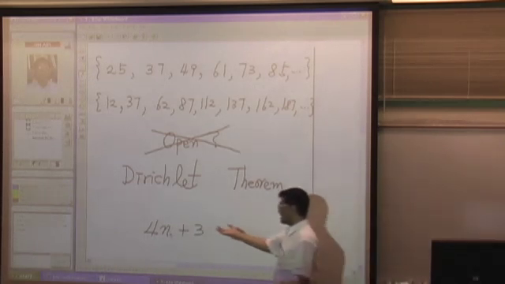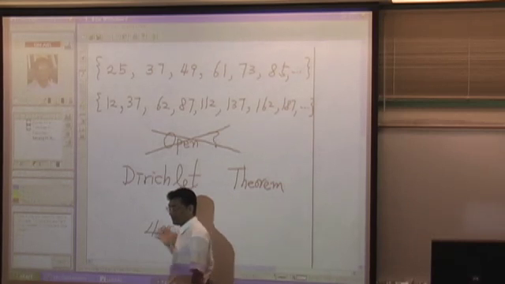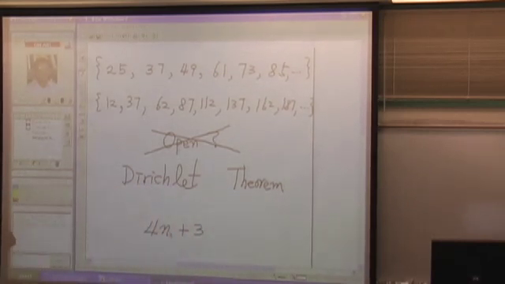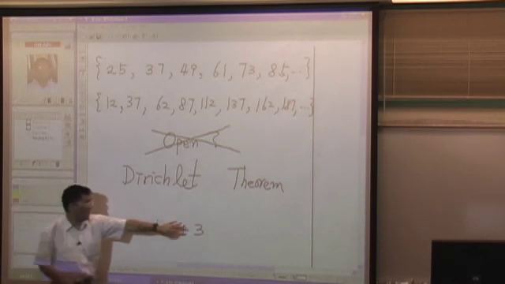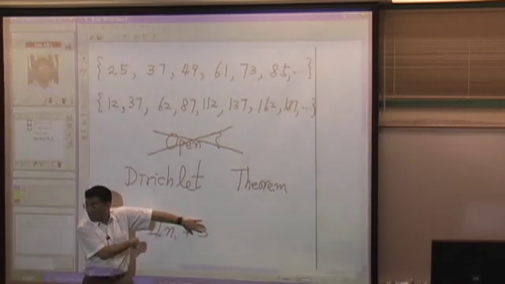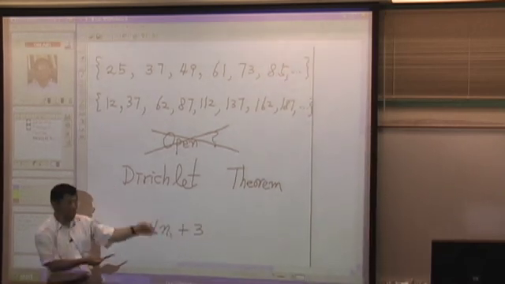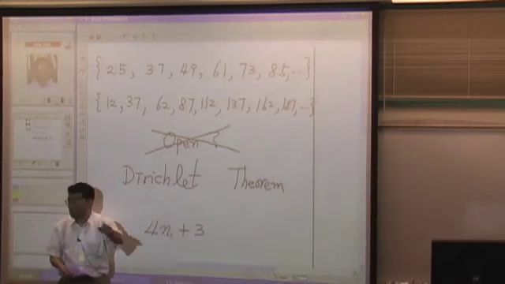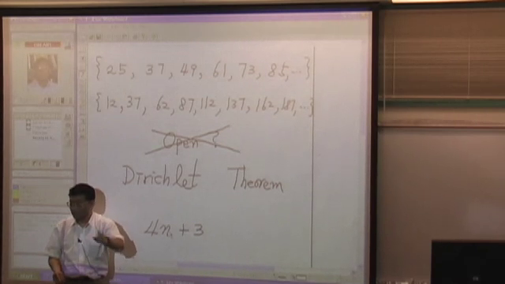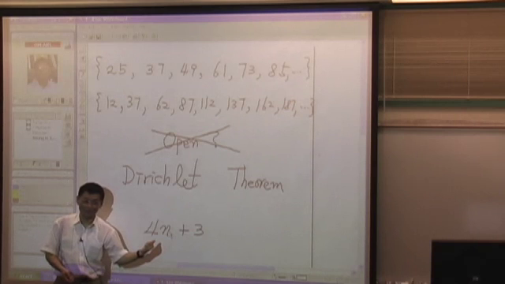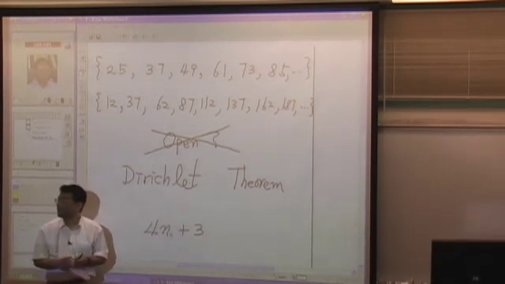So we can write the numbers in this pattern. If we divide any number by 4, then the remainder could be 0, 1, 2, 3. If the remainder is 0, then 4 times n is automatically composite, right? If the remainder is 2, then 2 can be extracted, then 2 times something is automatically composite. So there are 2 possible cases, 1 and 3. 1 is harder to prove, so we will prove 3.